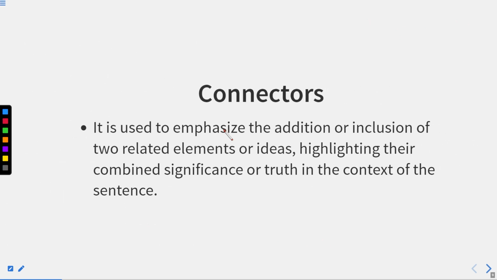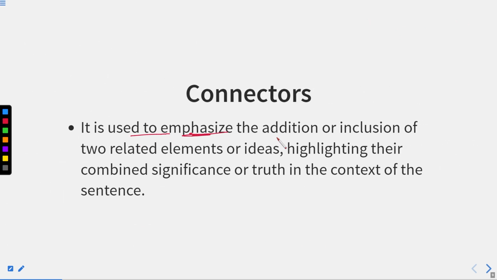It is used to emphasize the additional inclusion of two related elements or ideas, highlighting their combined significance or truth in the context of the sentence. Now you got me. We are not only including the two points. We are saying that the two elements which we are joining together with the help of the not only but also conjunction, it means both of these, inclusion of both is important.